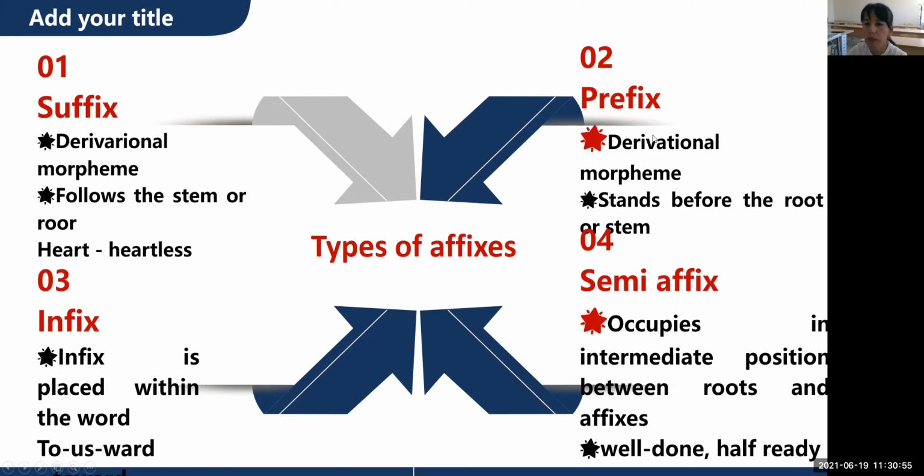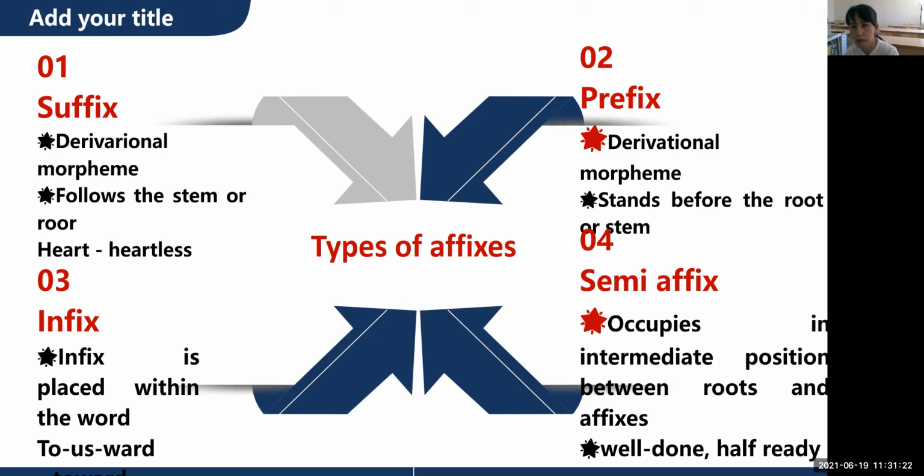The next one, prefix. A prefix is derivational and stands before the root or stem. For example, im-, il-, un-, dis-, sub-. For example, legal, illegal. Happy, unhappy.